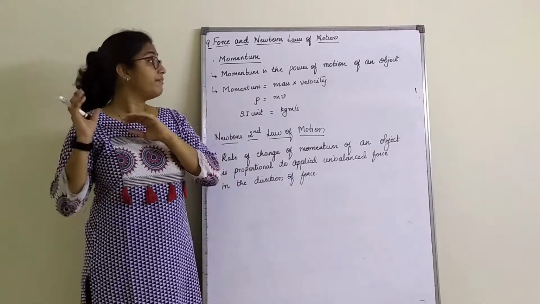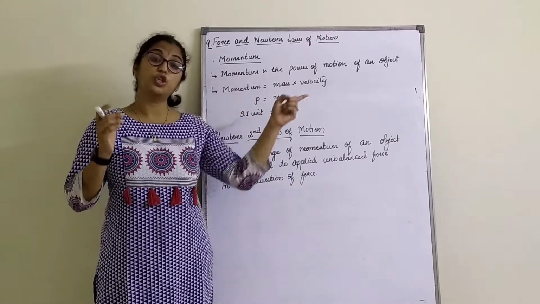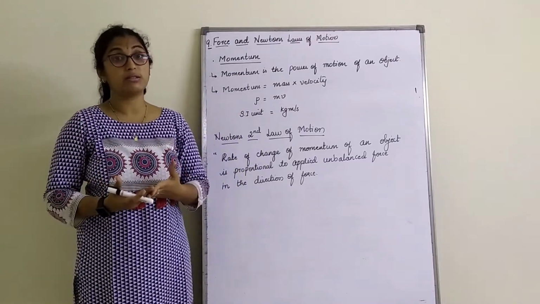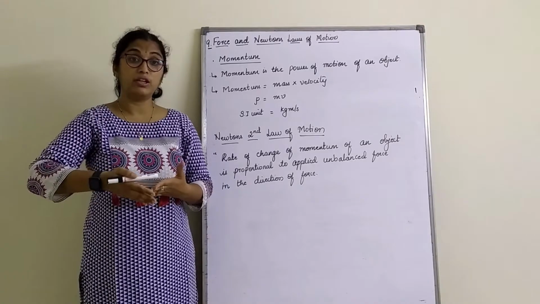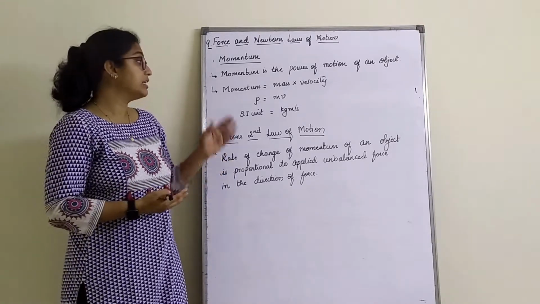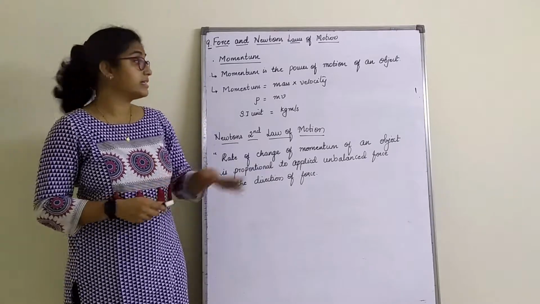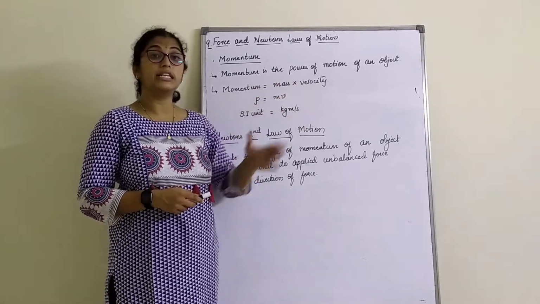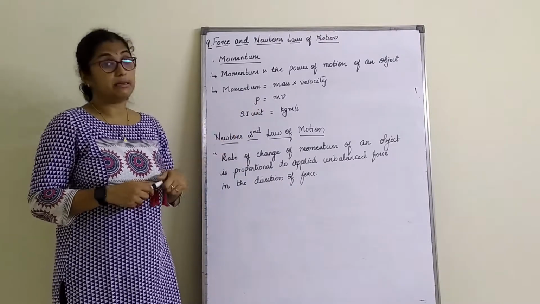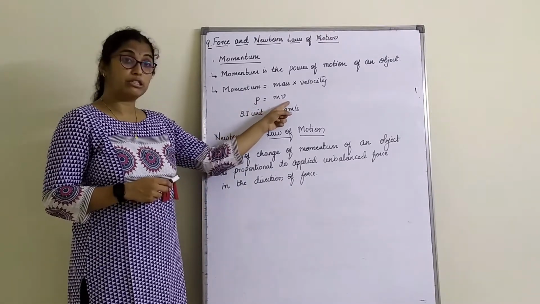That means when we calculate the power of motion of an object, we should know with what velocity it is moving, and what the mass of the object is. So we define momentum as the product of mass into velocity. Momentum is written as italic letter P, mass into velocity.